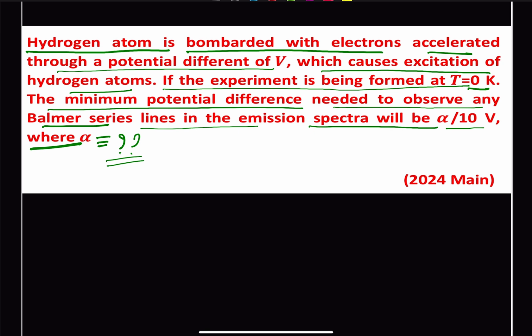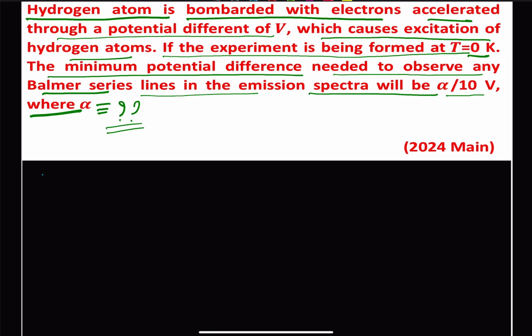In order to observe any Balmer series line, the ending transition is 2. So the starting transition will be greater than 2. It can be 3, 4 and something like that.